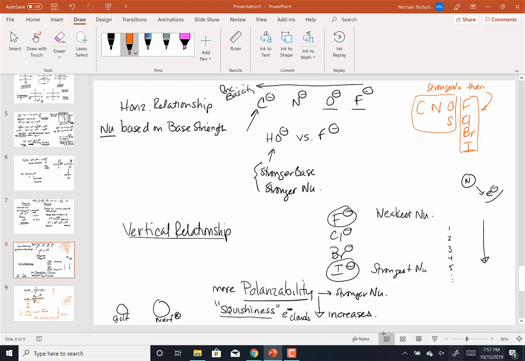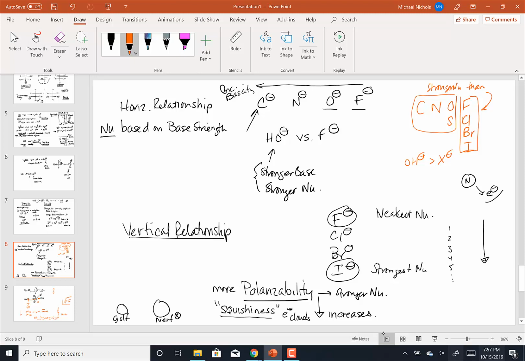So if I have an OH minus, the OH minus is greater than any halogen as a nucleophile. Okay? Just as simple as that. So that'll take care of some of the diagonal relationships.